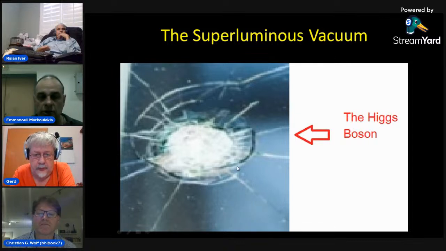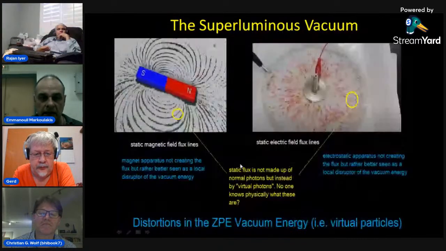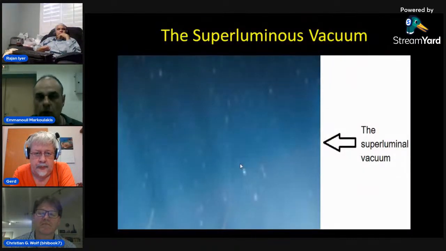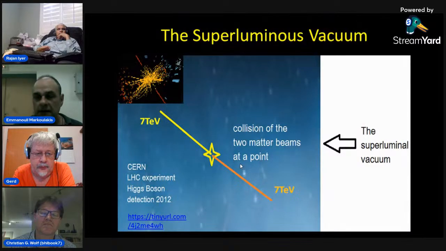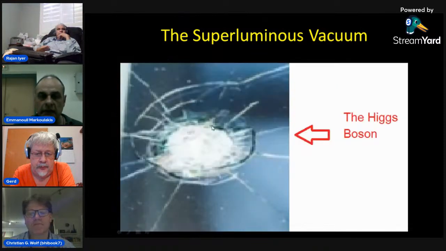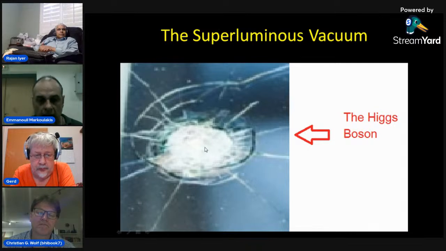Imagine that the vacuum is a glass, a window, or the windshield of a car, and what happened with this collision is that we momentarily break the vacuum at a point. It's like breaking the glass of a car windscreen, and we can see the static impact of this implosion, and this is the actual Higgs boson.